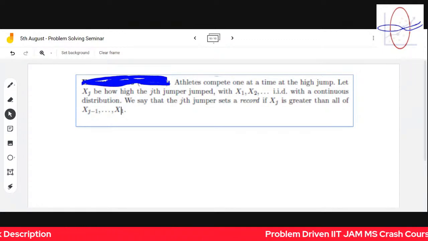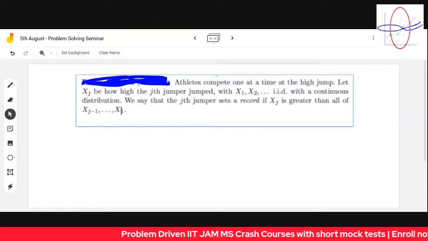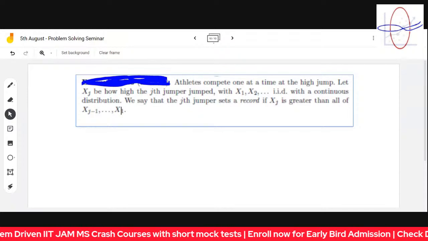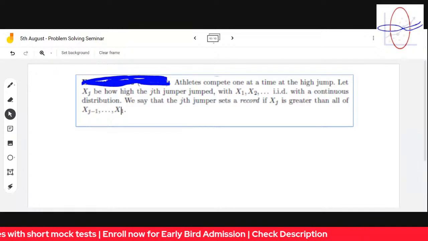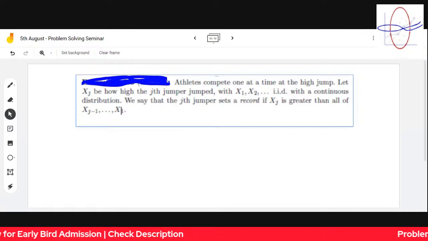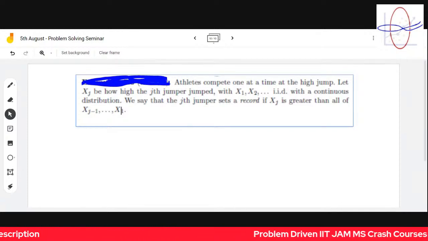Athletes compete one at a time at the high jump, and let xj be how high the jth jumper jumps, with x1, x2, all of them following a continuous distribution.